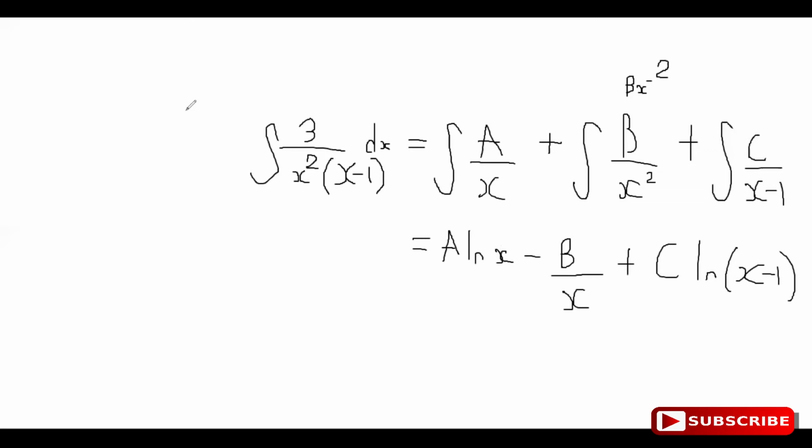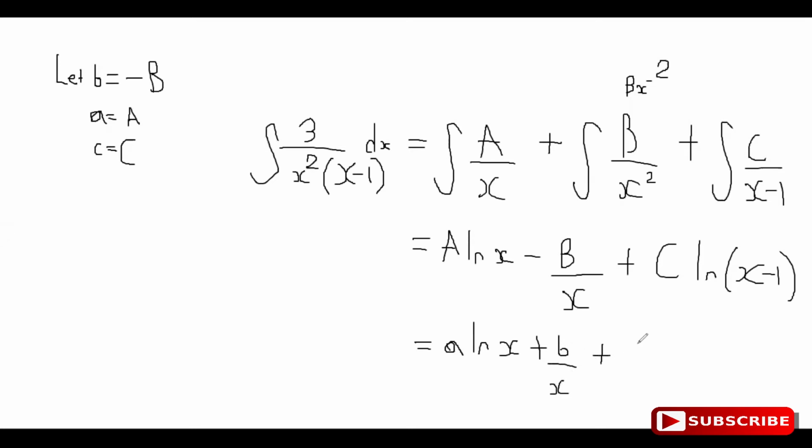So they could then say, let the small b be equal to negative big B, and let small a be equal to big A, and let small c be equal to big C. Then you would see that what you get is a ln x plus B over x plus c ln x minus 1. So that's all I'm saying.